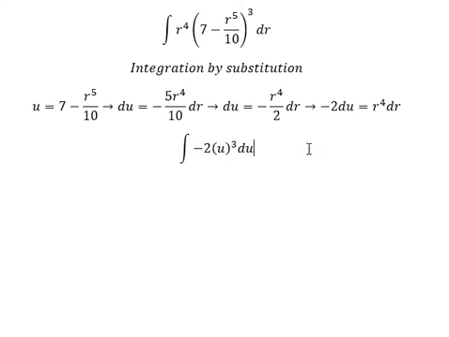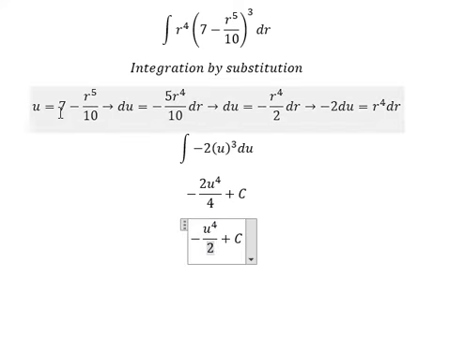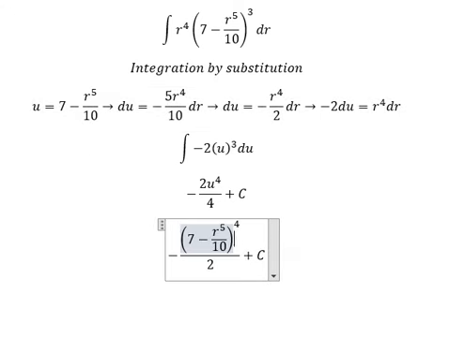The integration of u to the power of 3, you will got negative number 2 u to the power of 4 over 4 plus c. We simplify number 2 for both sides. And u, that's this one. This is the end. Thank you for watching.